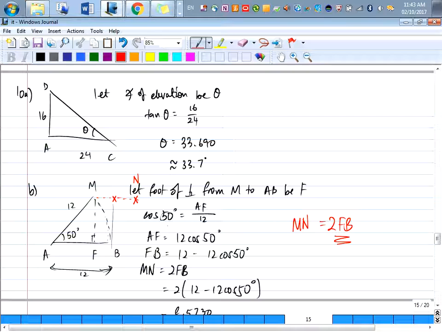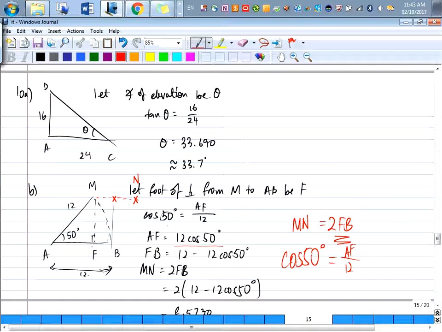You say cosine, right? Cosine of? Cosine 50 equals to? AF, yes, that is our adjacent, over what? Over 12. So now you can find AF, right? So AF is equals to 12 cosine 50.